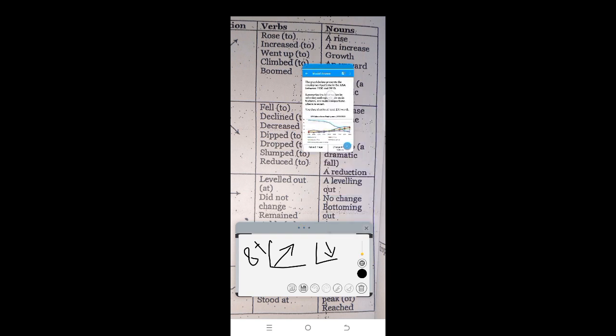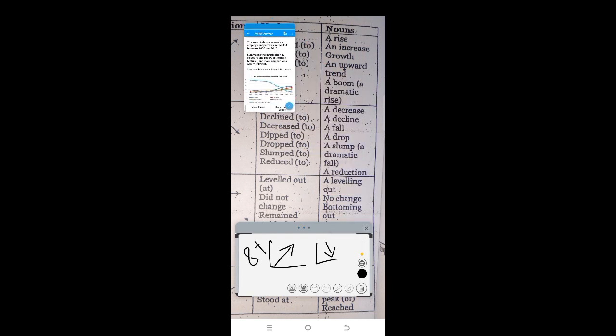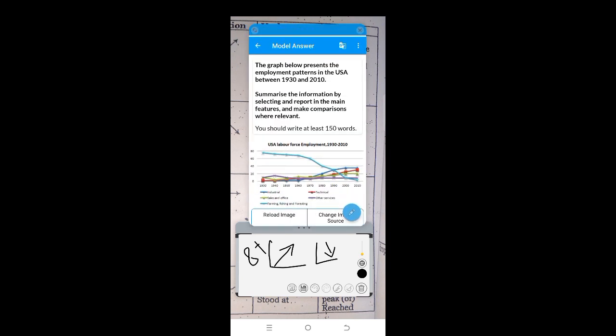And also the decrease in nouns: a decline, a fall, a drop, a slump, a dramatic fall. If we again look at this graph, I can say that the industrial sector undergoes a dramatic decline, a dramatic reduction from the years, for example, 1960 to 2000.